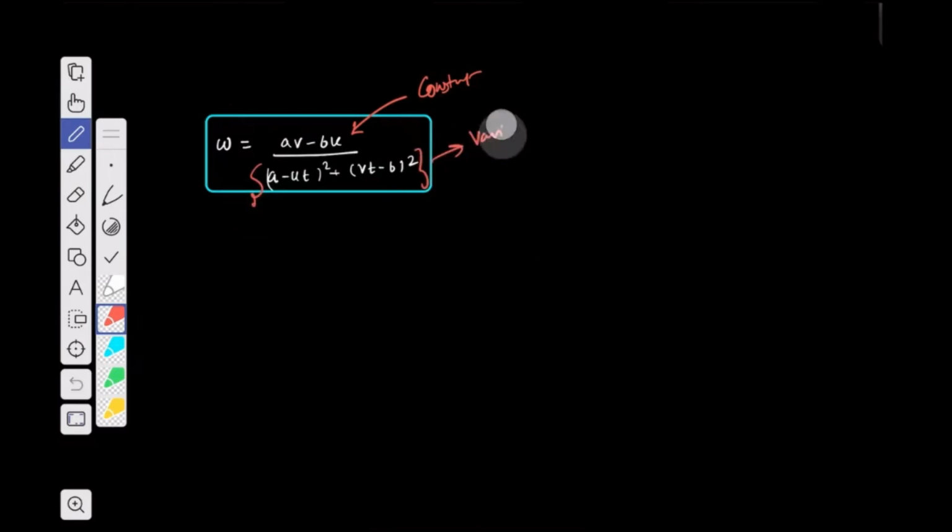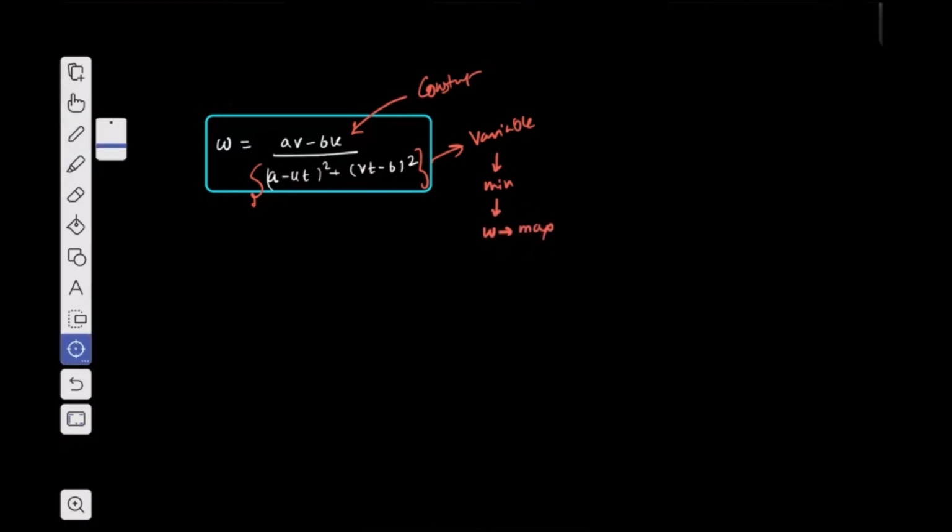So whenever the denominator becomes minimum, omega will become maximum. So instead of finding the maxima-minima of omega, we will find the maxima-minima of whatever we see in the denominator. You get that, no?